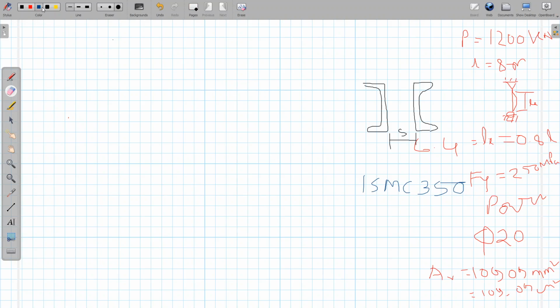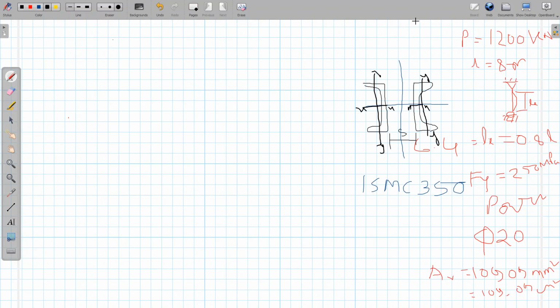Now if you see this section, let us say this is the global axis, and this is the individual axis of the CG. This is small y and small x with the green line.